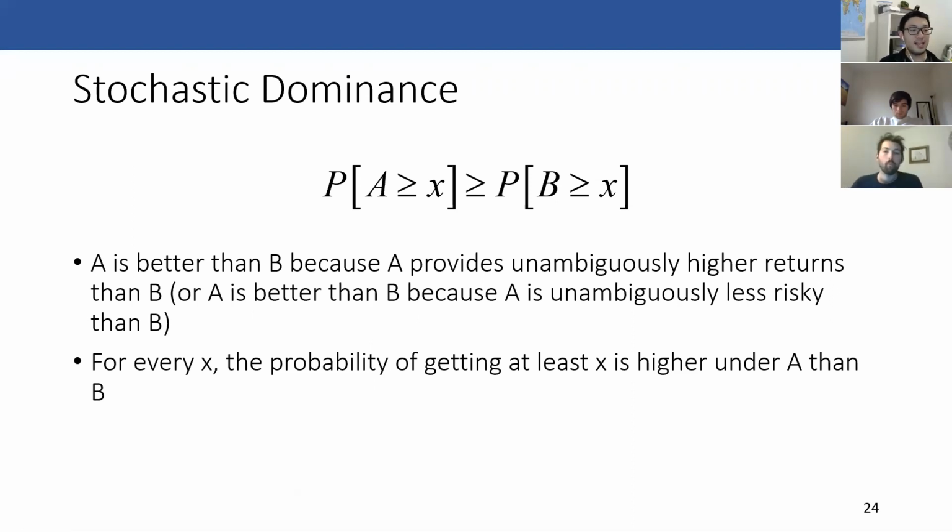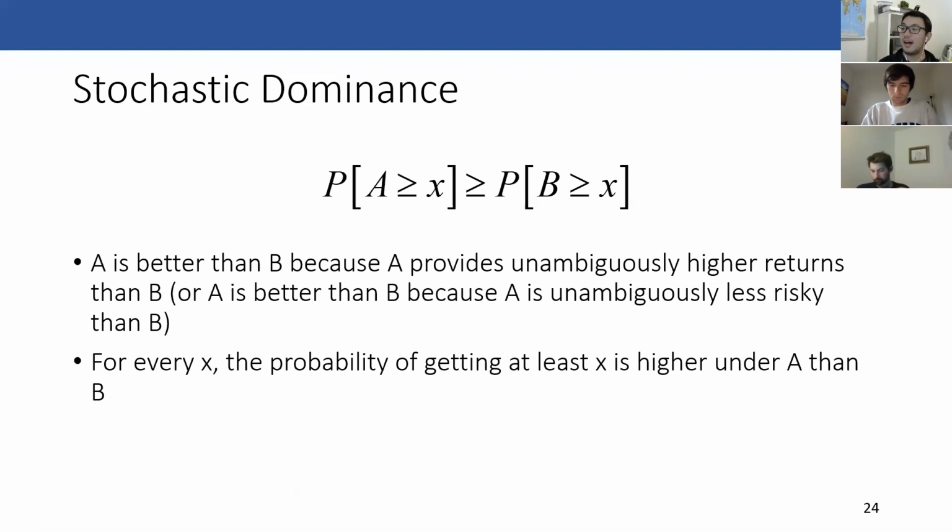This is essentially saying that one particular outcome, let's say outcome A, is better than outcome B because A provides unambiguously higher returns. So you're always getting a higher value in one outcome versus the other. And for every input value, there's some probability of getting at least that in both of the variations of your inputs.